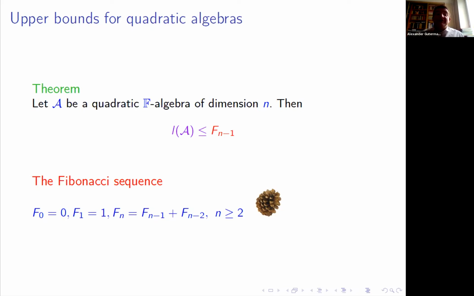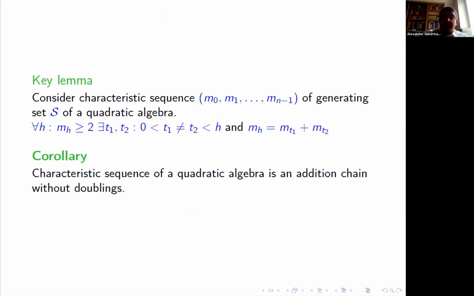If we deal with finite dimensional quadratic non-associative algebras, then it also appears here, mainly as an upper bound. So there is the following upper bound for the length of quadratic non-associative algebras, using Fibonacci numbers. And this bound is achieved.